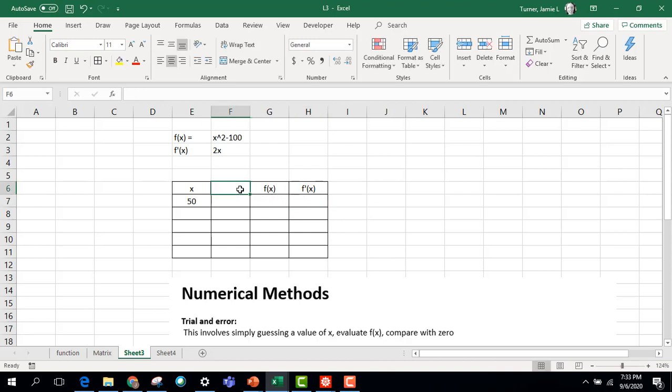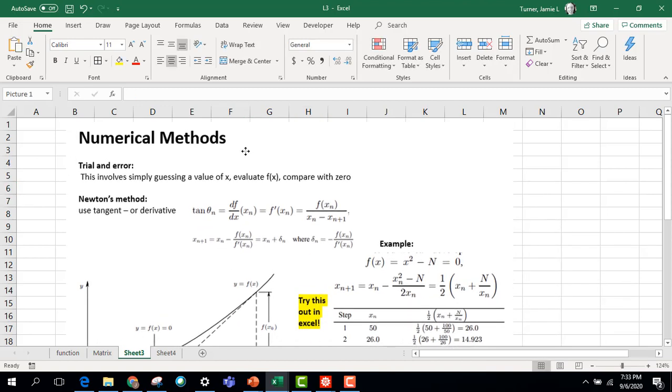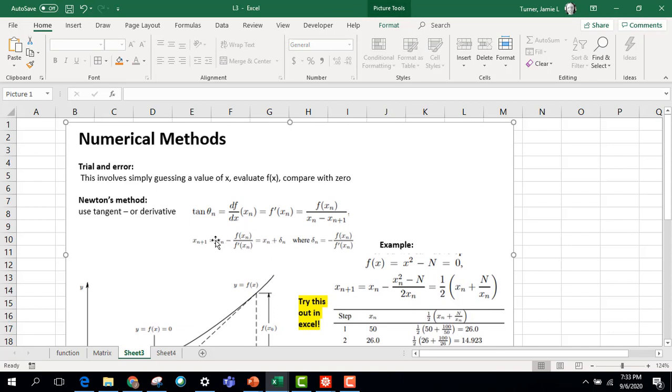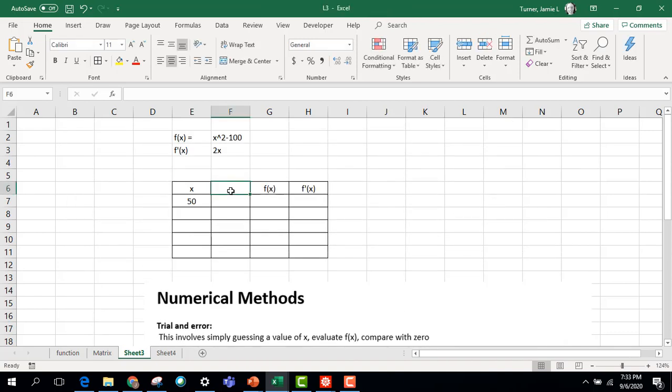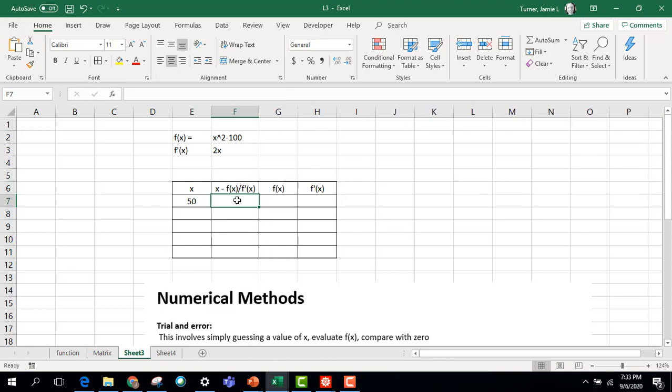And for this one, I'm going to put in this equation: x minus f of x divided by f prime of x. That's going to give us our new data point.